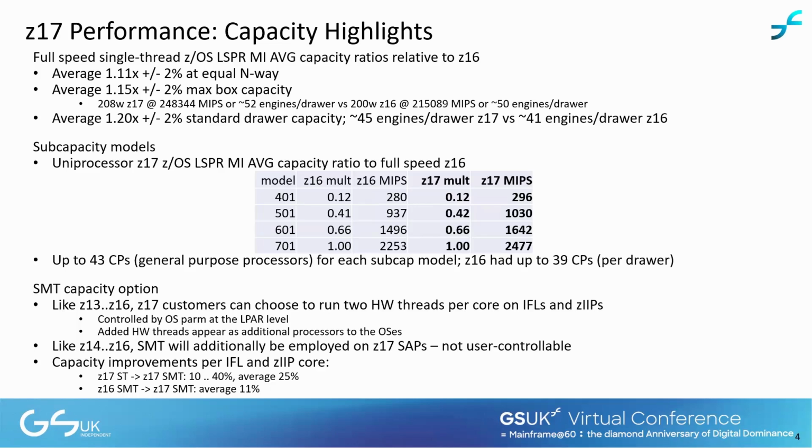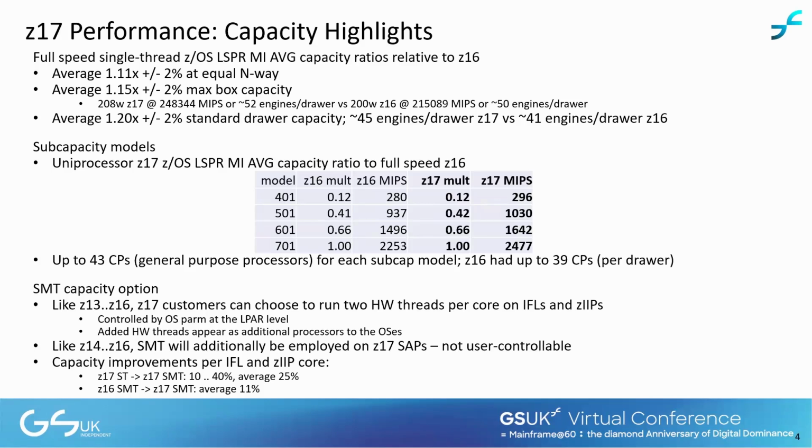For those interested in subcapacity models, I'm sure you're probably very familiar with the table in the middle here. So we have the 400 series, 500 series, and 600 series subcaps. The mult column is the multiplier, where the 7 series is the benchmark or the standard bearer of 1.0 for that particular generation.